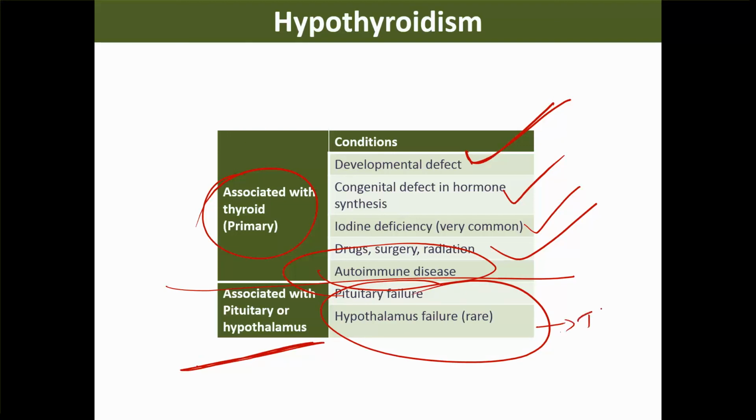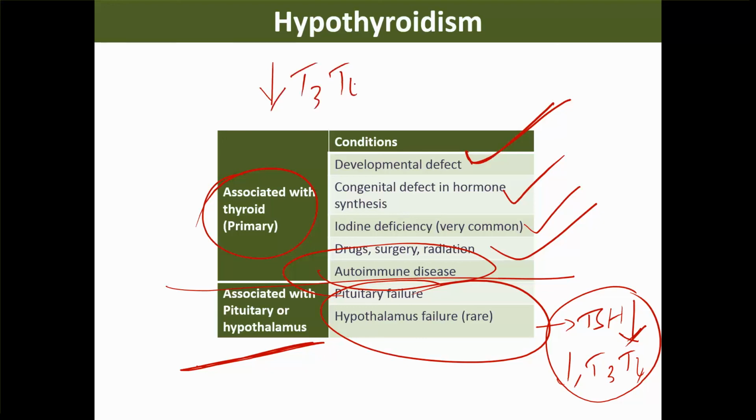If there is a pituitary or hypothalamic failure, that also results in hypothyroidism, because TSH cannot be produced. TSH is low, and there is reduced T3 and T4. This will be the hormonal status in secondary hypothyroidism. Whereas in primary hypothyroidism, if the pituitary is normal, the thyroid cannot secrete T3 and T4, but this ends up with feedback on the pituitary, which increases the TSH.